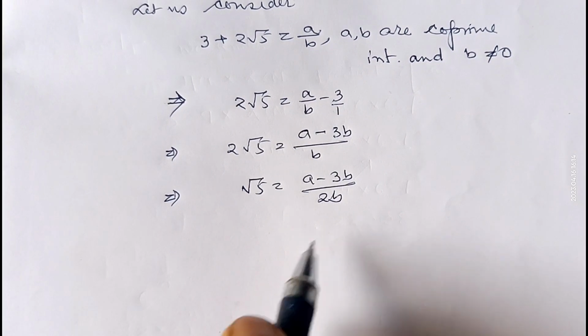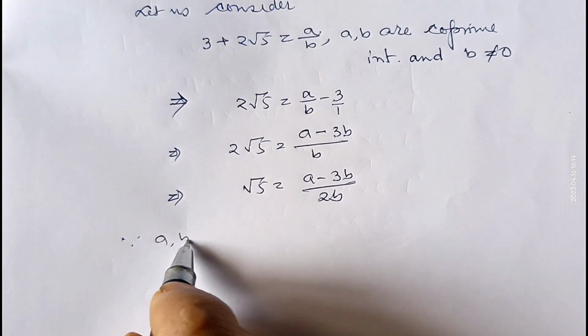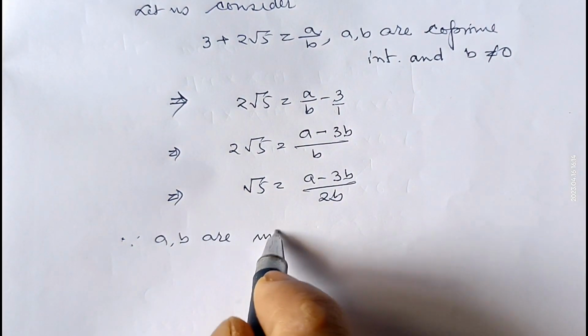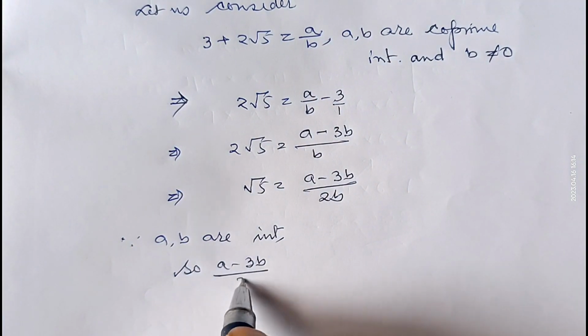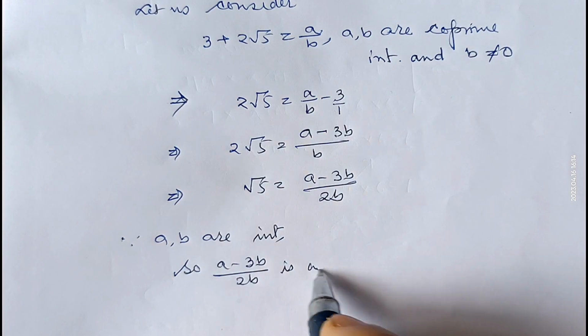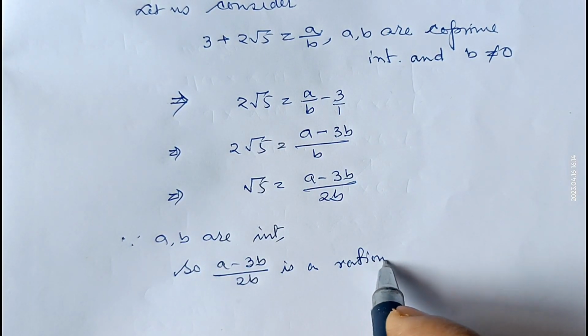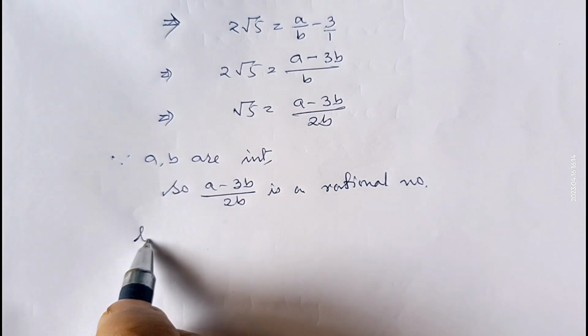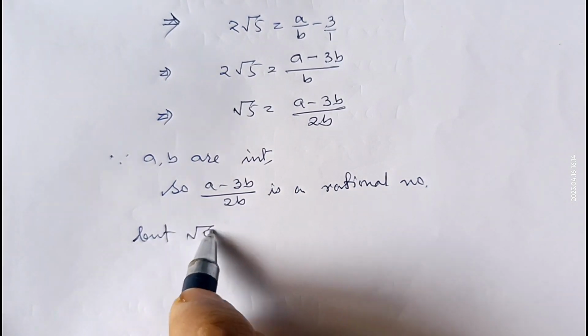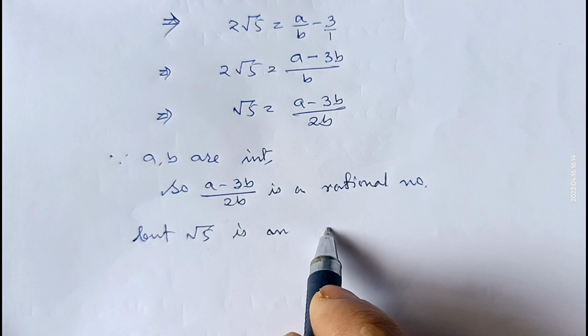Now a and b are integers, so a minus 3b by 2b is a rational number. But we know root 5 is an irrational number.